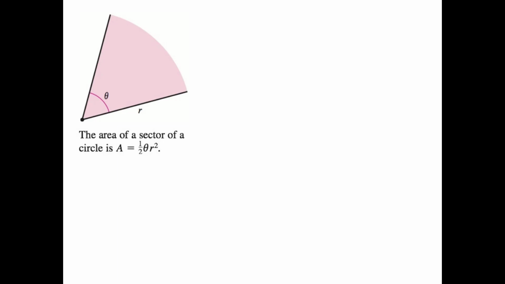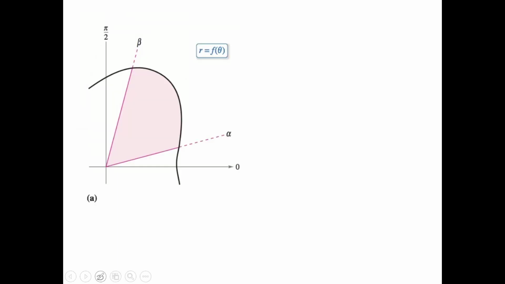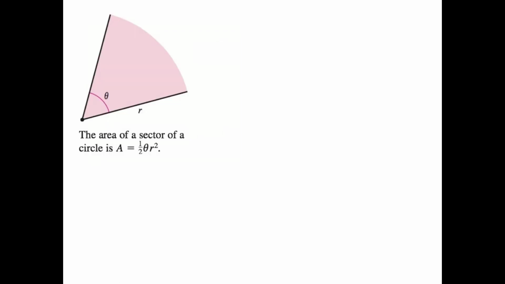If you take a circle of radius r and you cut out a wedge from the circle, it turns out that the area of this sector is given by this formula: area is equal to 1/2 the measure of the central angle theta times the square of the radius.